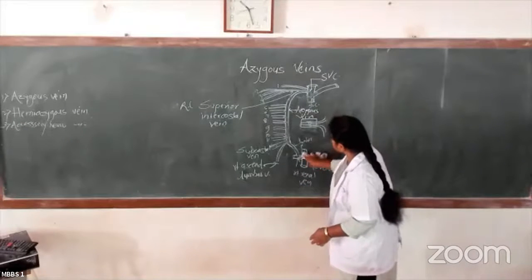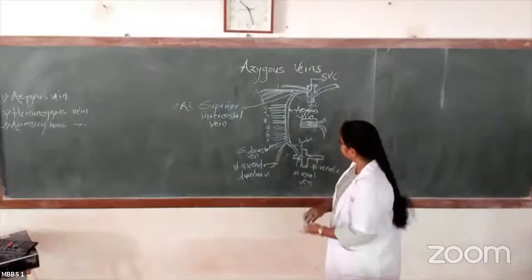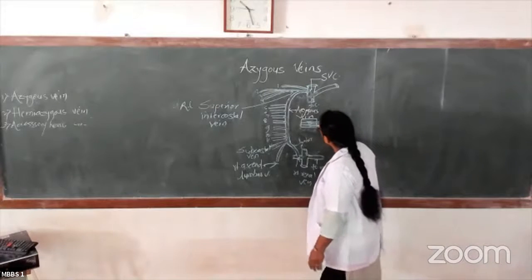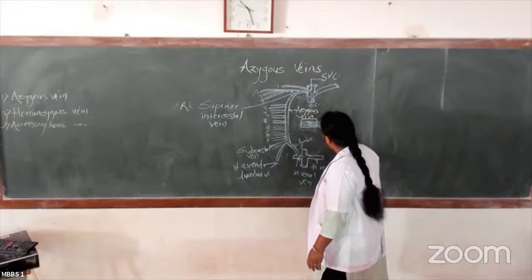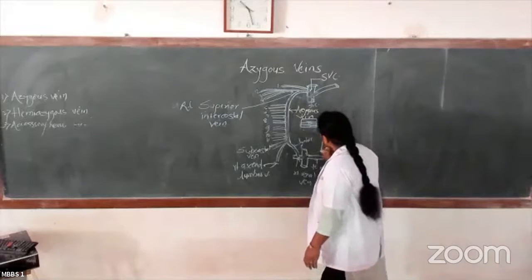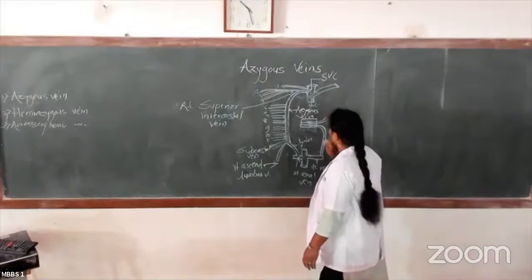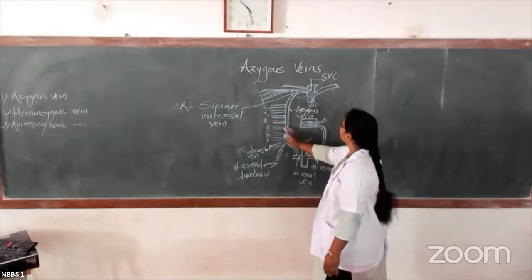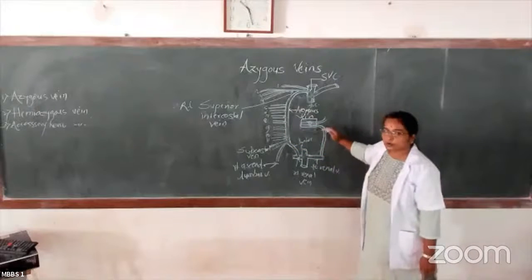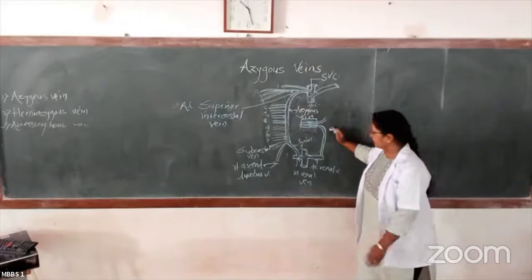Now we'll see first this hemiesophagus vein. Now this hemiesophagus vein corresponds to the lower part of the esophagus vein. That means it is the mirror image of the lower part of the esophagus vein.